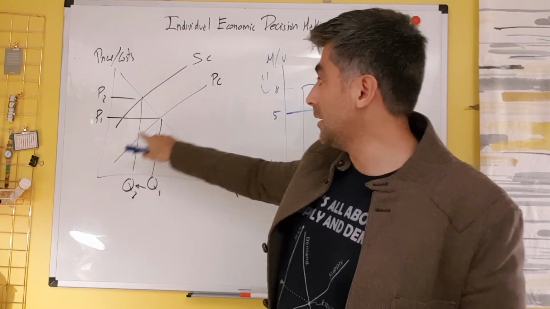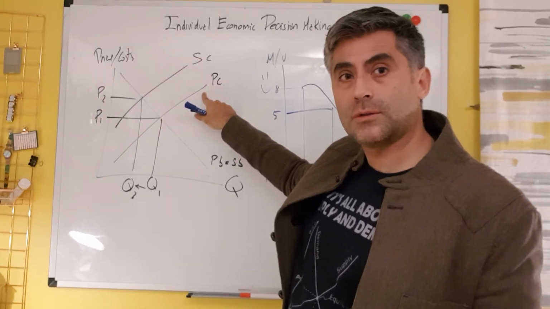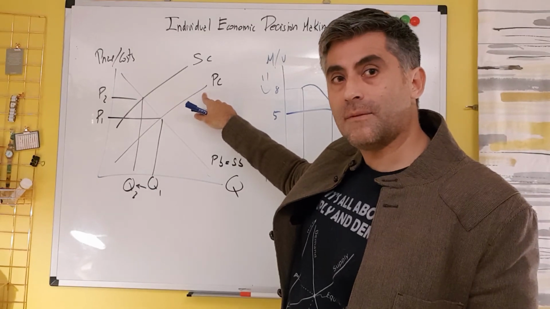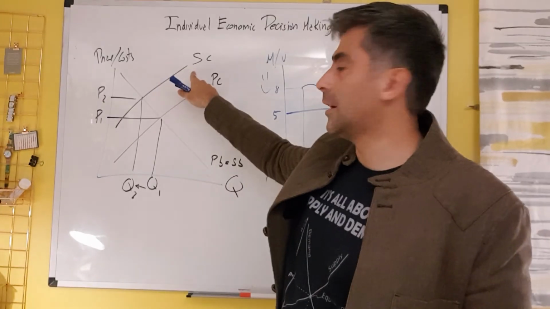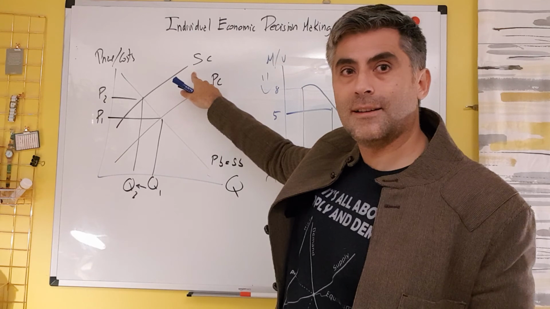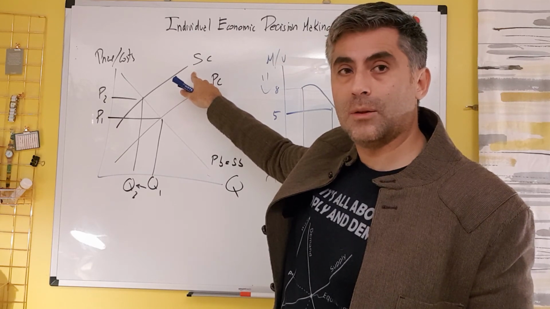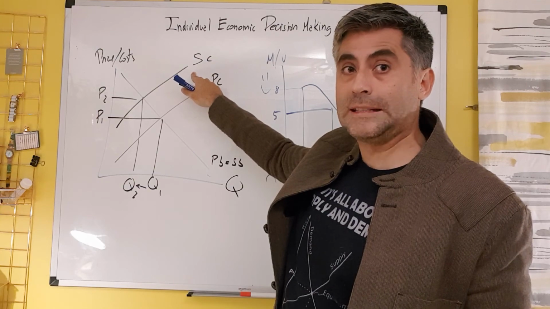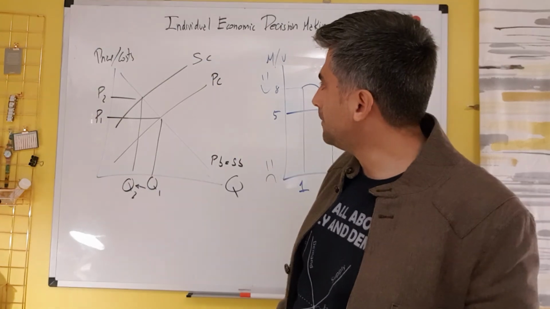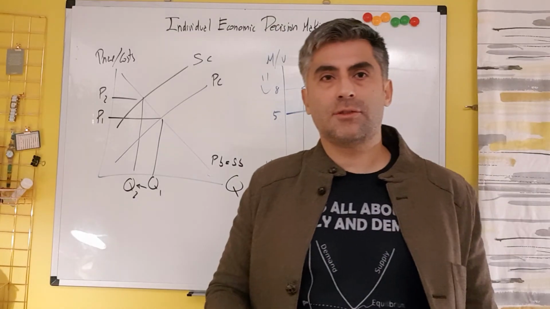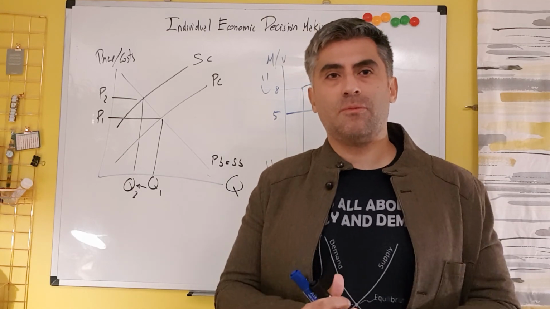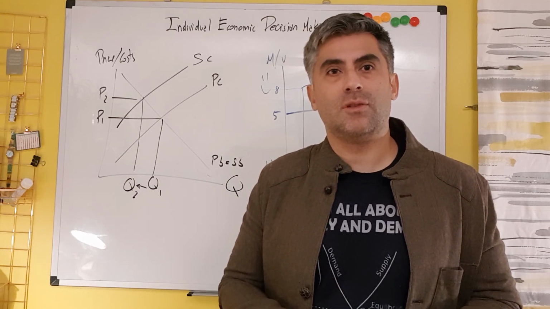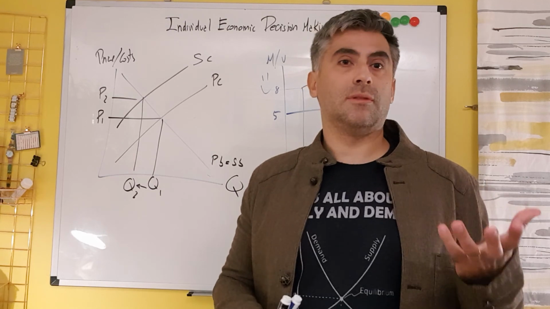One showing the private cost, how much we pay for it, versus the actual impact on society, which is higher, which we're not taking into account the moment we purchase the item or the moment the business is producing and selling the item. Hopefully that should help you with your behavioral economics and give you an idea about individual economic decision making between rational and irrational decision making.